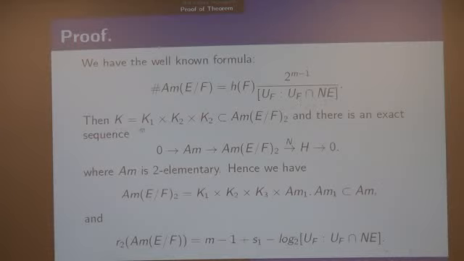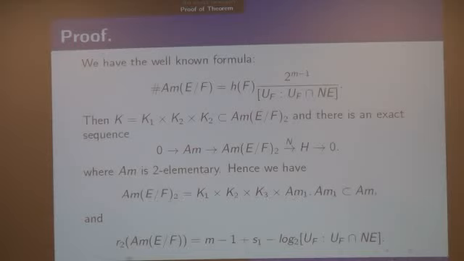Then K equals to K1 times K2 times K3. Sorry, K3 is in the subgroup. Subgroups M equals EF2, then there is an exact sequence, where M is a two-element subgroup, and hence we have these directions.